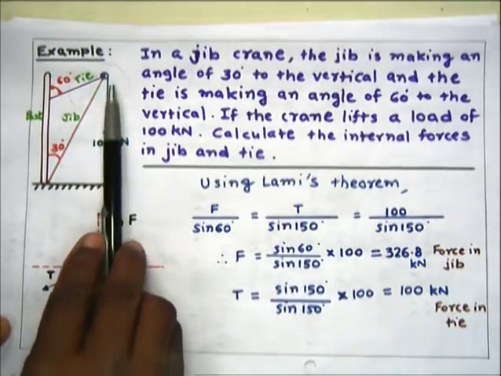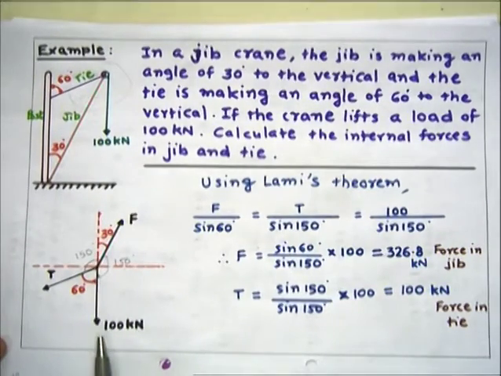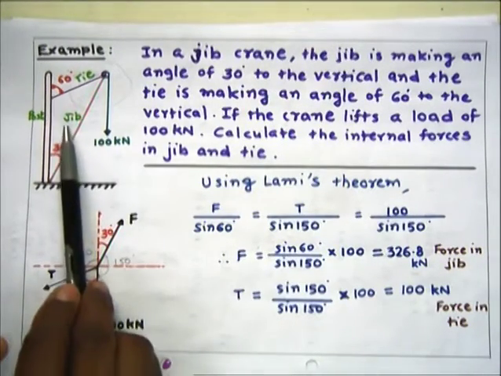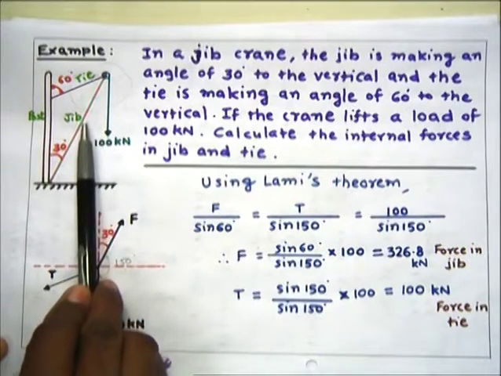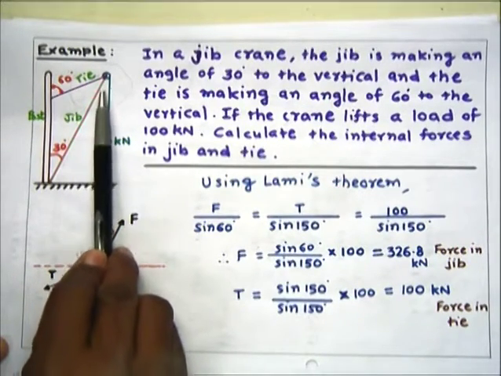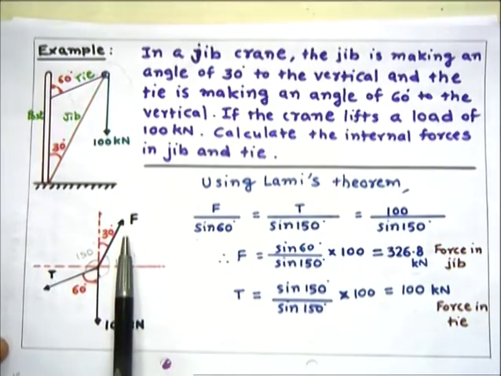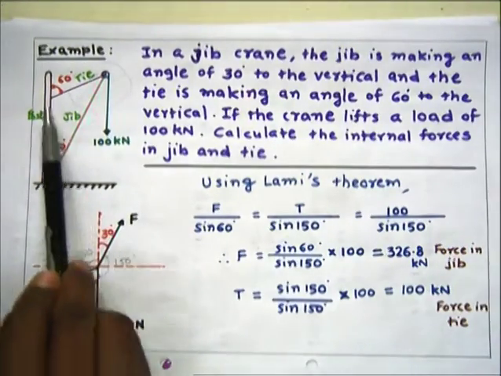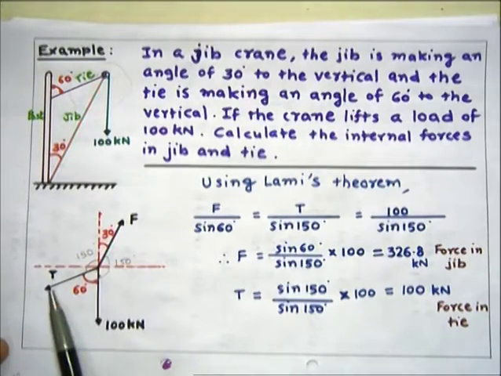So then drawing the free body diagram at this point, we will have this 100 kilonewton weight vertically downward, and in this line a compressive force, but using the transmissibility law we can show this force in this line as F here, like this, and in the tie tension T, that is like this.